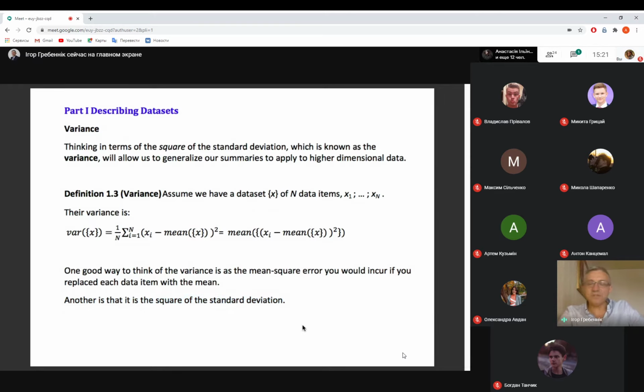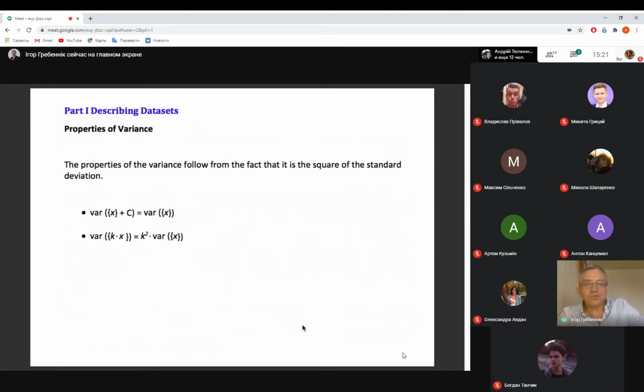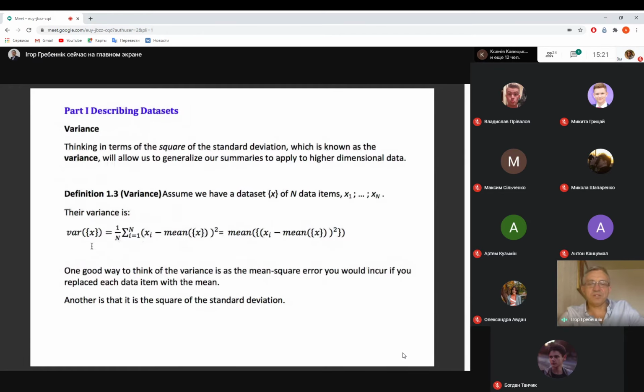And this so important characteristic has some properties, only two of them. When we translate the data, variance does not change. And when we multiply each element of data set by the same value k, the variance will be multiplied by k square, because we have this expression with square.